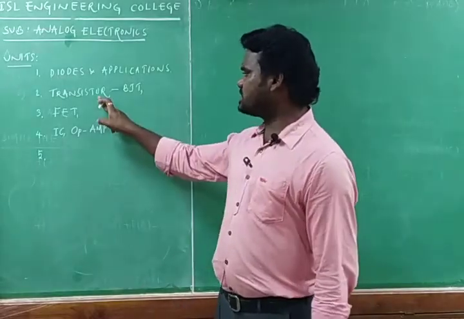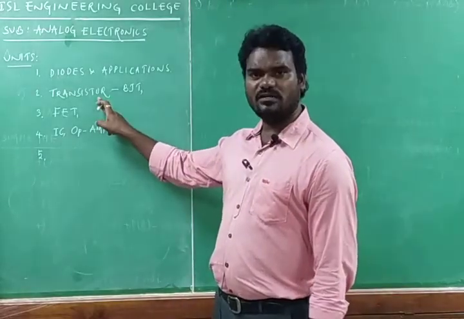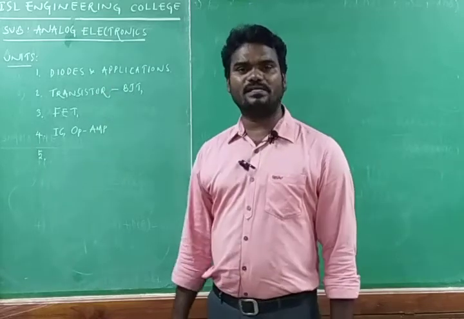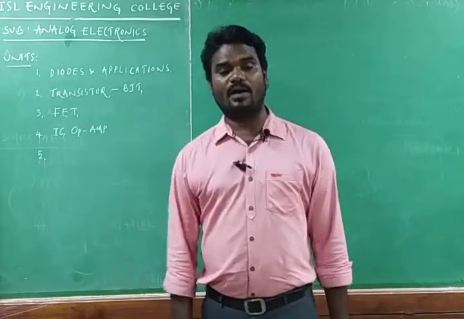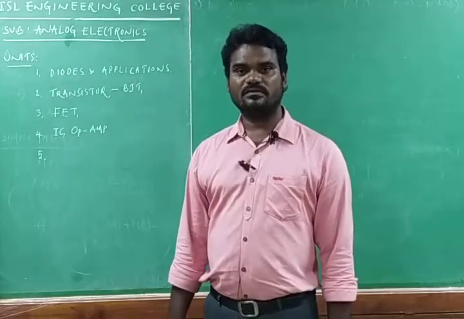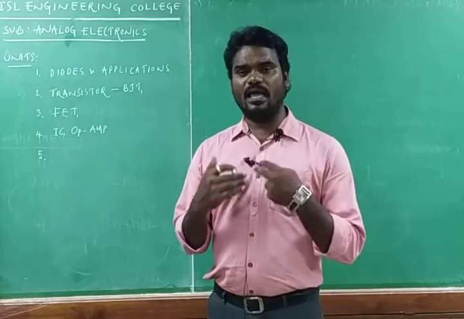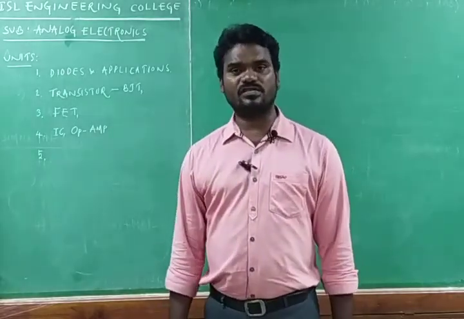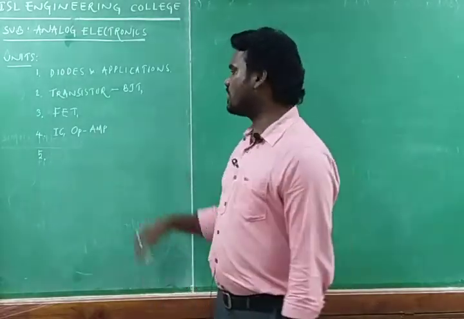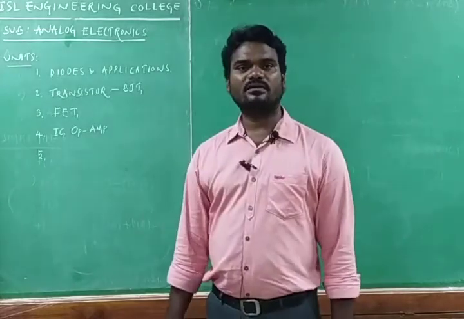That means a transistor can make the amplification, so that circuit is named as an amplifier. But here it is not a simple amplifier, it is an op amp, operational amplifier. Apart from making the amplification, it is going to perform some more specific functions, so this is called an operational amplifier.